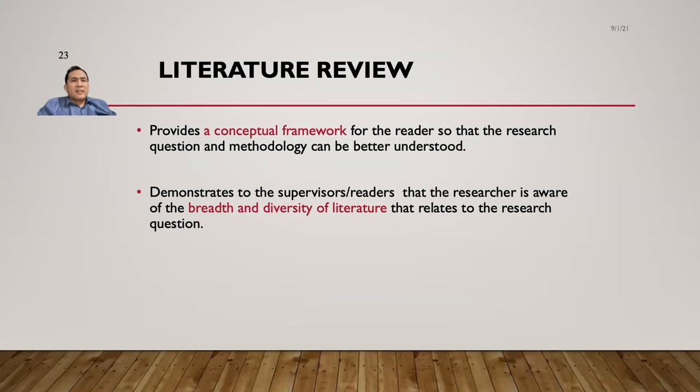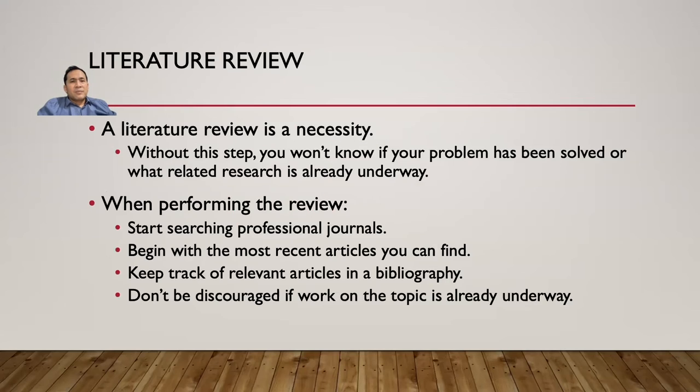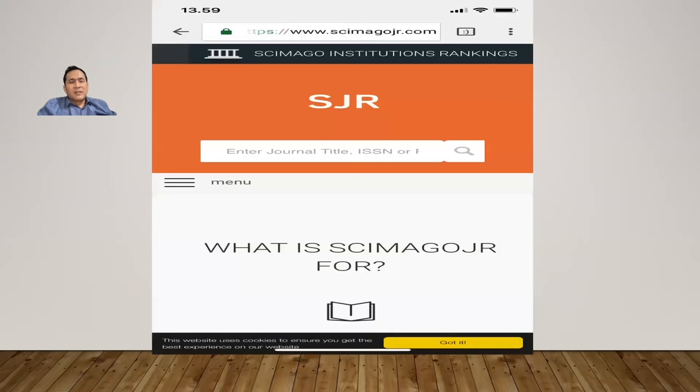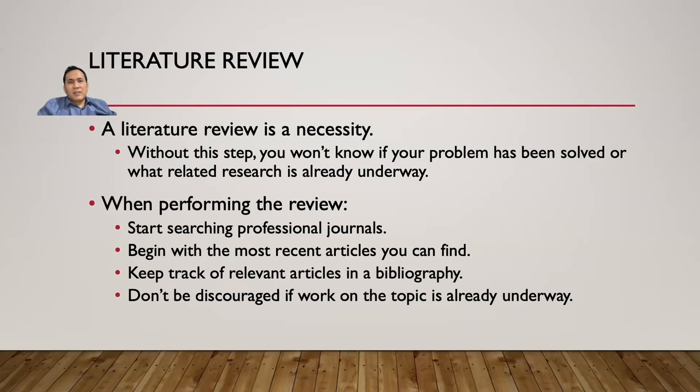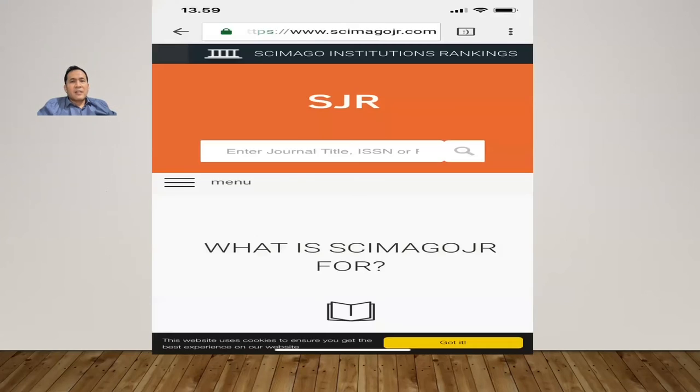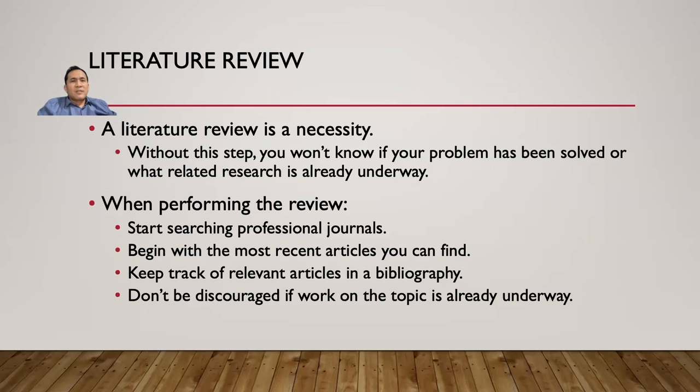And review of literature, I think this is something that you also have to do. Later on we will talk about this, in particular what the particular topic is, but that's okay. Literature review means this is chapter 2. A literature review is a necessity.